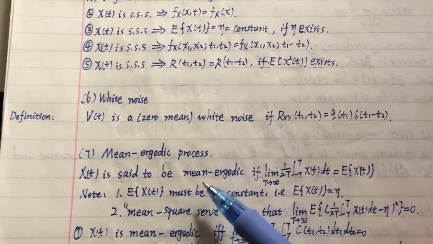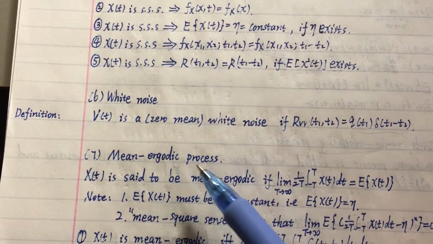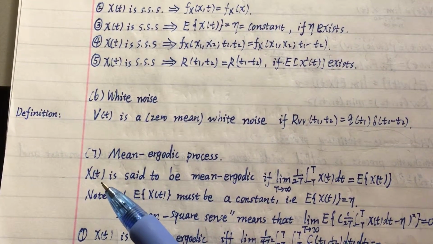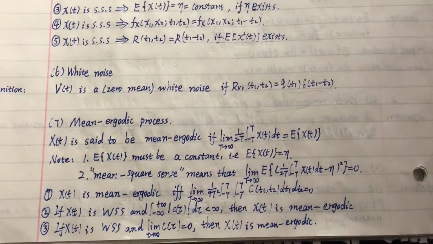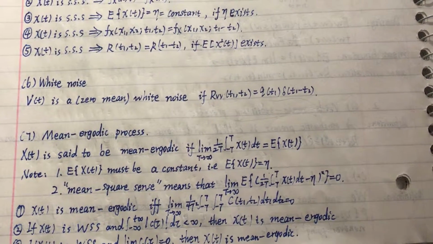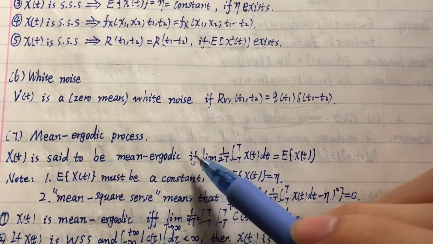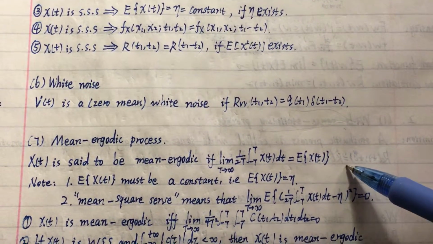And then the last problem is mean ergodic process. The definition is that x(t) is said to be mean ergodic if it meets the requirement of this equation.